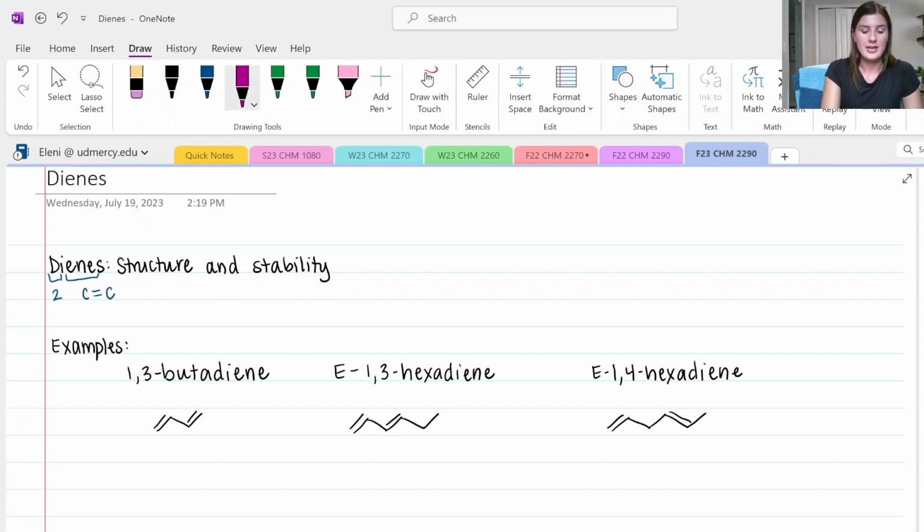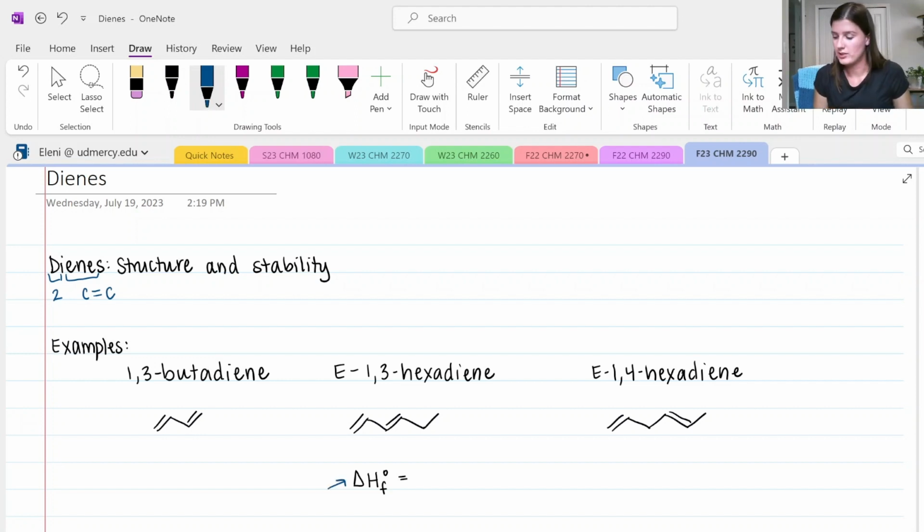Having conjugation impacts the stability of the molecule, and we can observe that through the delta heat of formation values. So 1,3-hexadiene and 1,4-hexadiene both have the same number of carbons and hydrogens present in the molecule. But the delta heat of formation for 1,3-hexadiene, now let's talk about what this is.